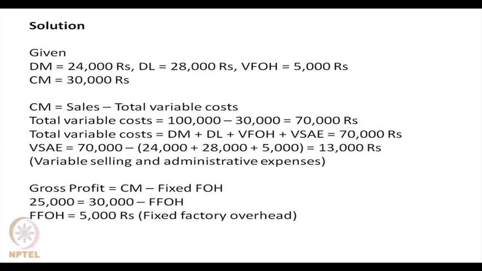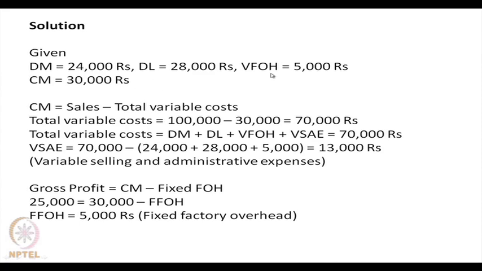Contribution margin is sales minus the total variable costs only, not the fixed cost, and total variable costs are given here as direct material is a variable cost, direct labor is a variable cost and variable factory overhead is also a variable cost. So, we add them, 24 plus 28 is 52, total variable cost.